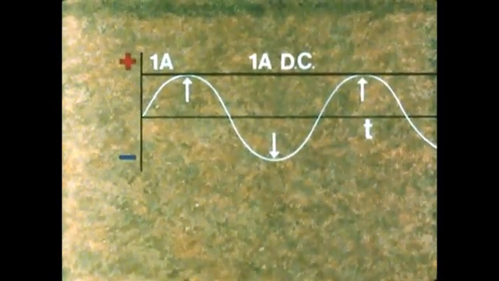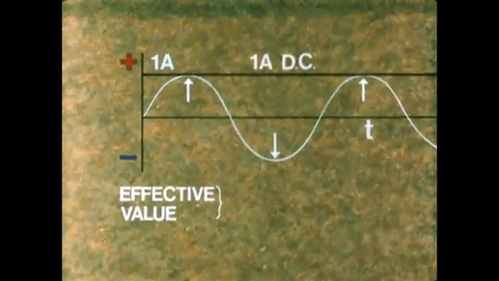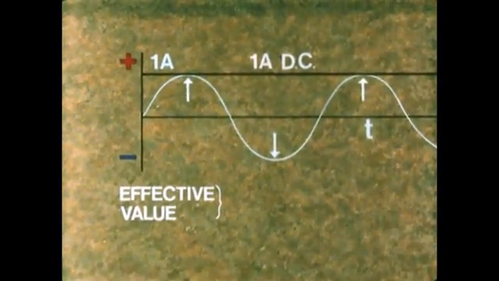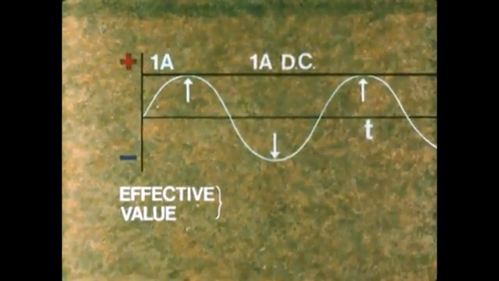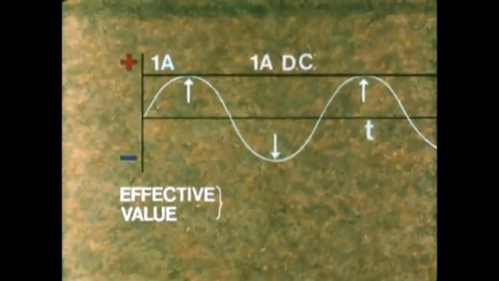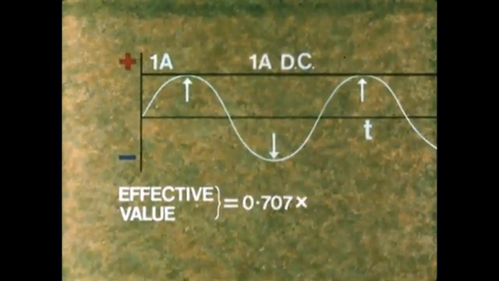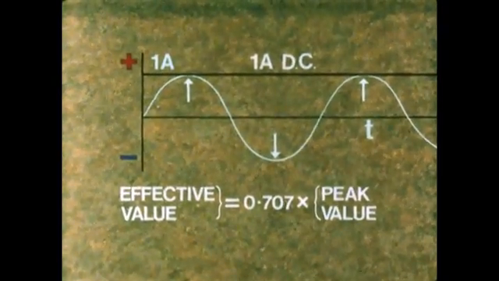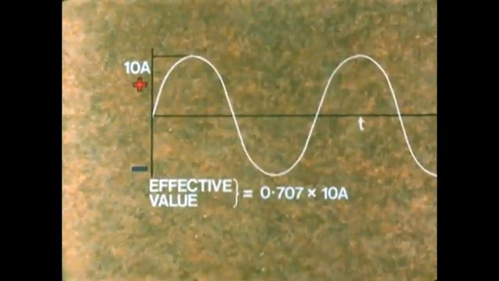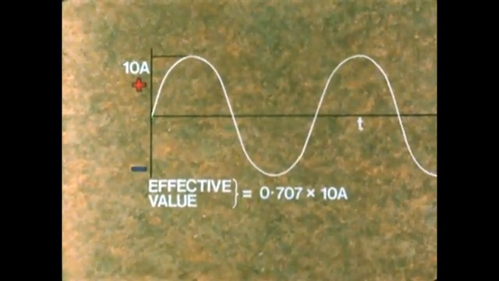Although the peak value of the AC is 1 amp, its effective value is considerably less than 1 amp. In fact, there's a formula for the effective value of the alternating currents or voltages. Its effective value equals 0.707 times peak value. For example, an AC of peak value 10 amps has an effective value of only just over 7 amps.